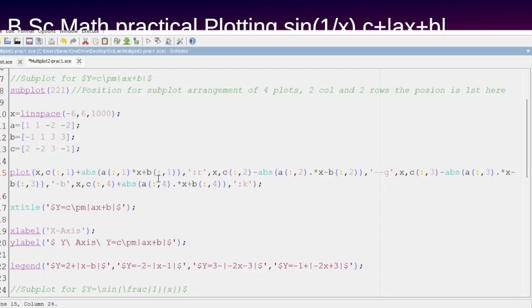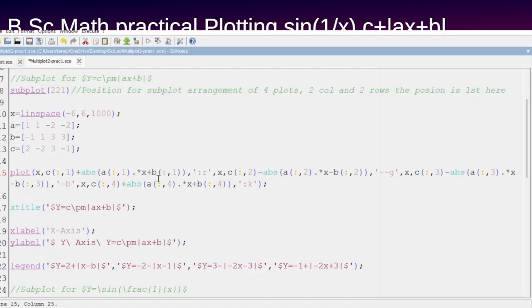But I want to follow one particular rule. That's why whenever I write, I habitually give the dot sign. There is no meaning of this here, but in the back of my mind I always think that a is a matrix, so I want element wise multiplication, not matrix multiplication.